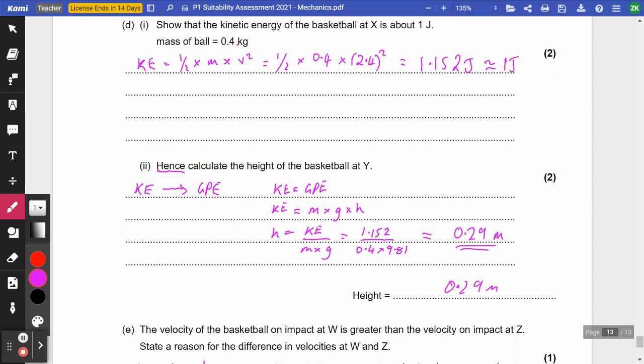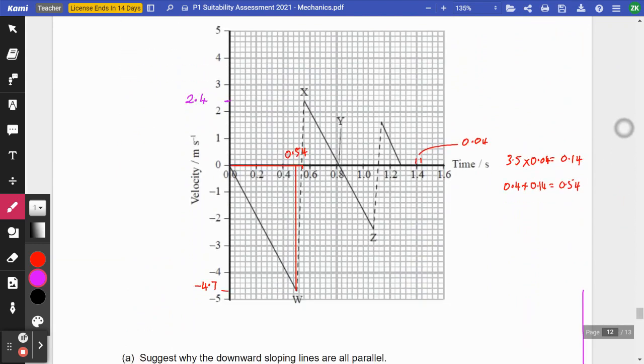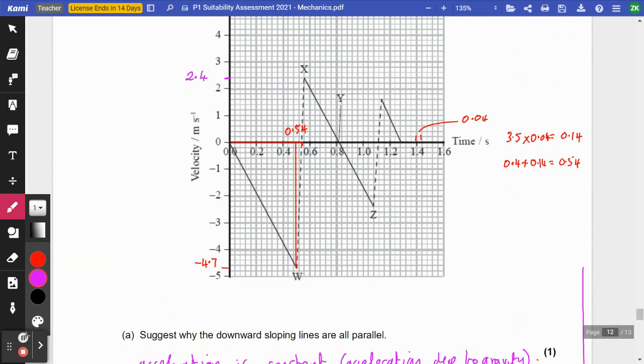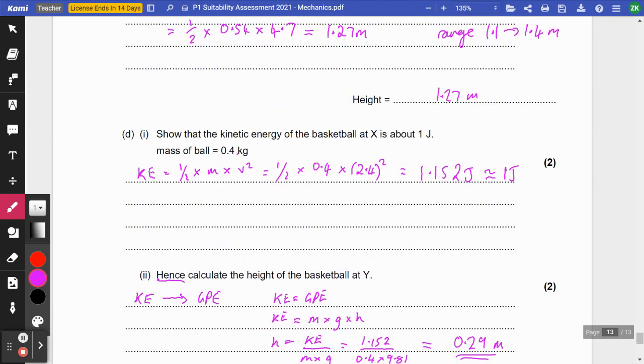Now, here we know that at Y, the height is the area underneath the graph. So we're going to work out that area there. However, it says hence. So that means use a previous answer to get to the height.